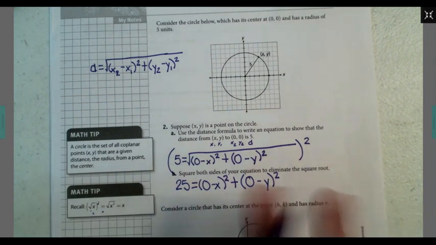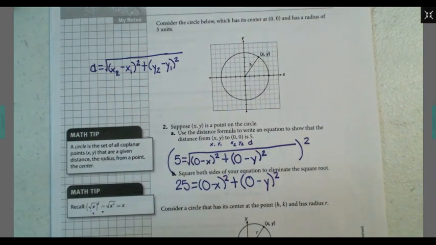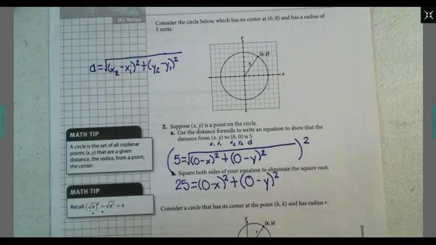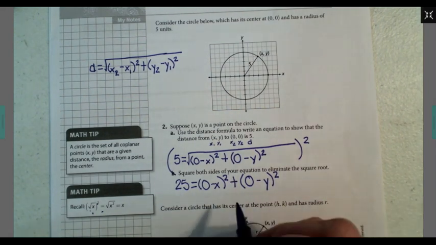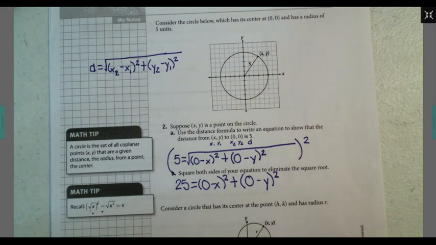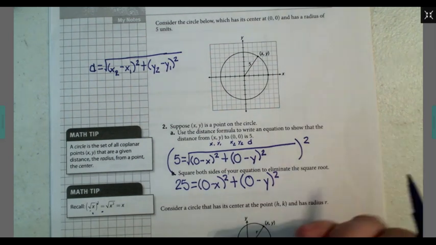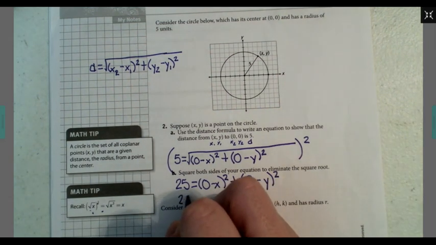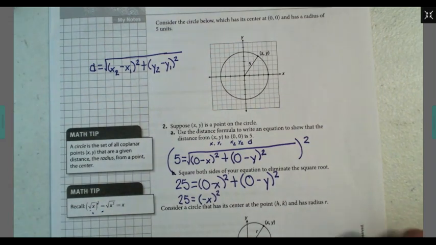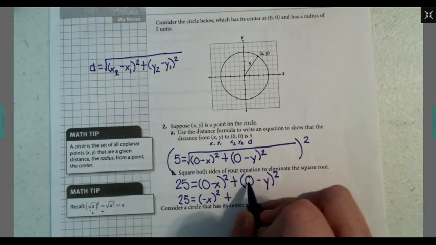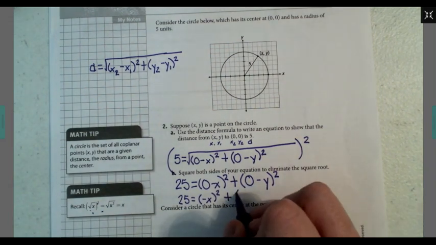Well, I just want to clean this up a little bit. What is 0 minus x? Negative x, right? So we got 25 equals negative x to the second power plus, what's 0 minus y?